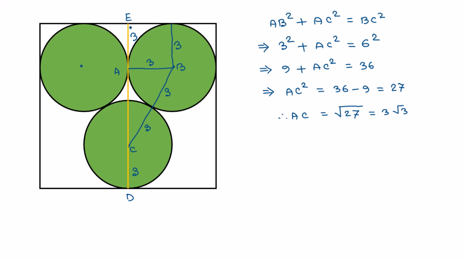So the total length of DE will be this length CD plus this AC plus this EA.